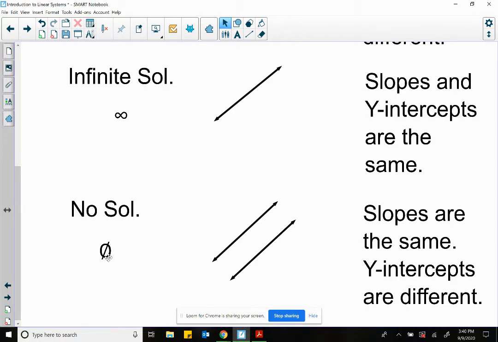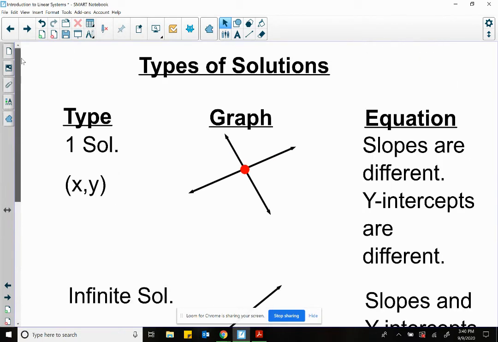Or your answer is a no solution. Graphically, they are parallel lines, they do not intersect, and the equations have the same slope but different y-intercepts. Okay? So that is the general idea behind systems of linear equations.